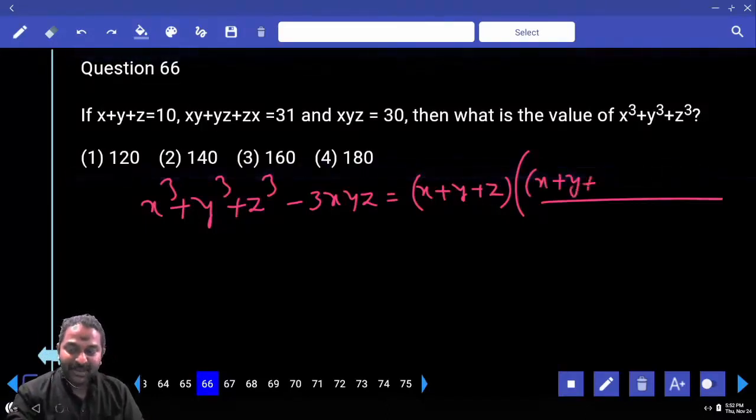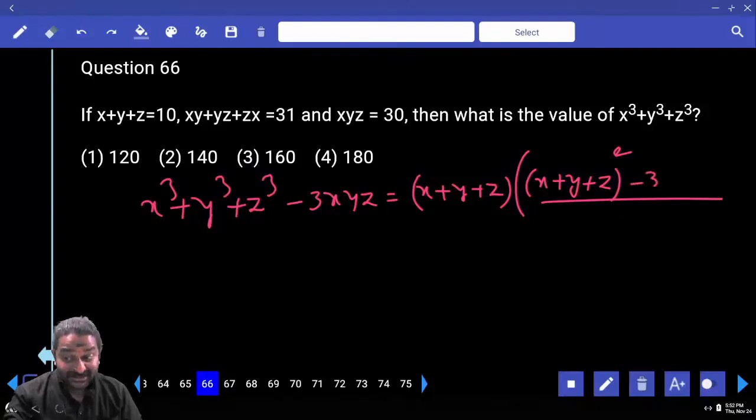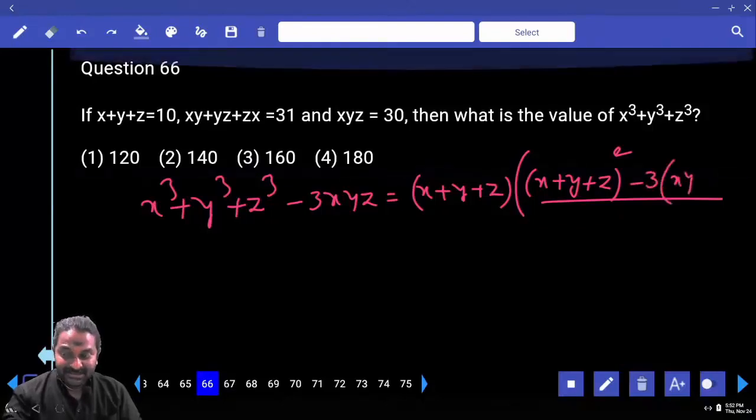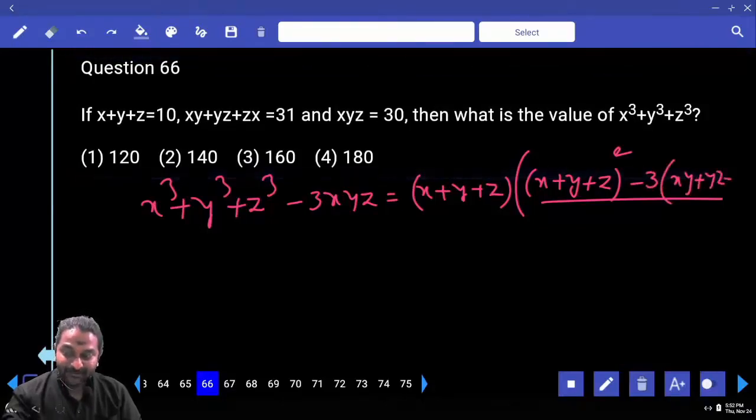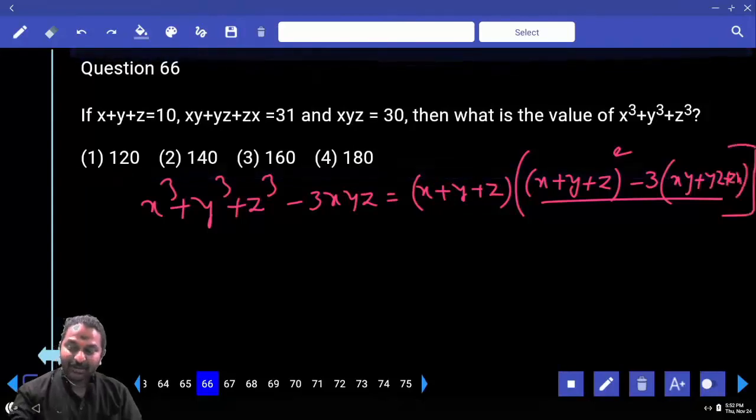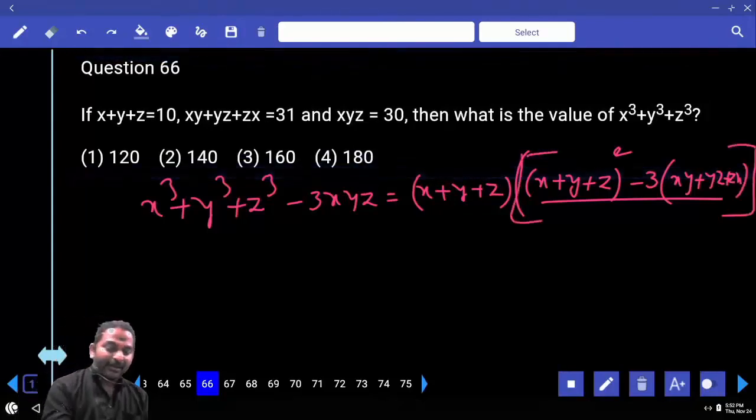x plus y plus z, tell me, whole square minus 3 times of xy plus yz plus zx. Do you all remember this? Right. So this is what we want, the x cube, y cube, z cube value.